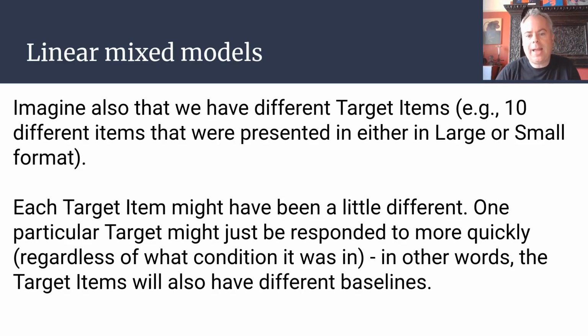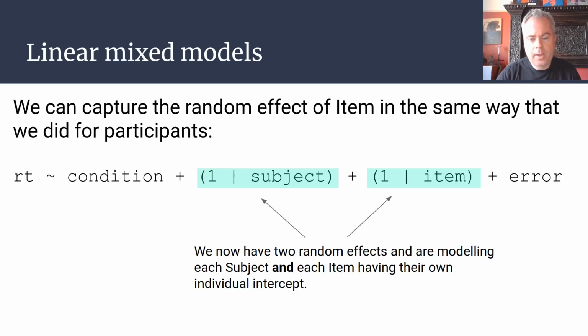And we want to capture that in much the same way that we capture the individual differences between our participants, and we do it exactly the same way. We introduce a random effects term which allows us to model the individual differences between our target items. So here's the model we had earlier, but now with an extra random effects term corresponding to the fact that we're modeling our items as having different individual reaction time baselines.